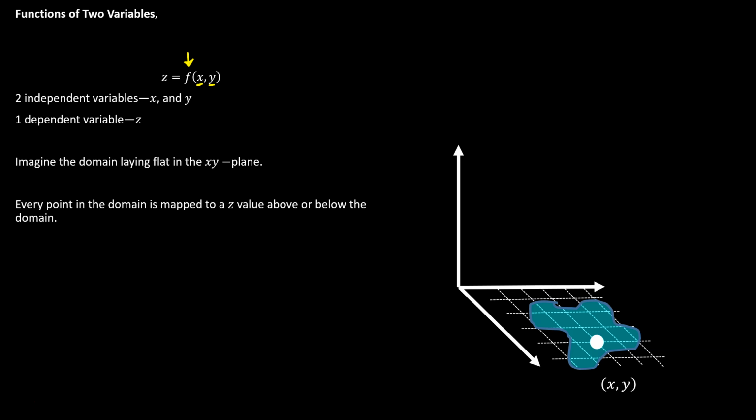Each one of the points inside of that domain can be plugged into f, and it'll generate the dependent variable output z. That point that exists above the domain, or below in some cases, that's the function output. And if we generated enough points, we could create a surface above the domain or below.